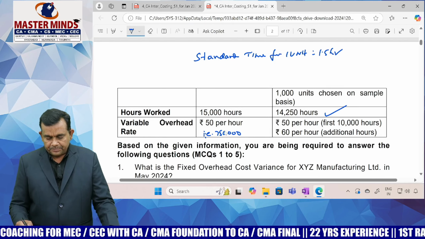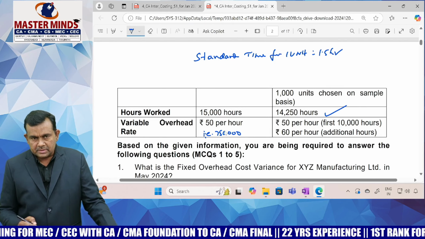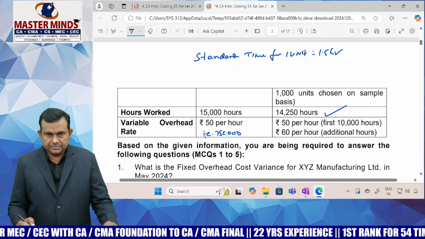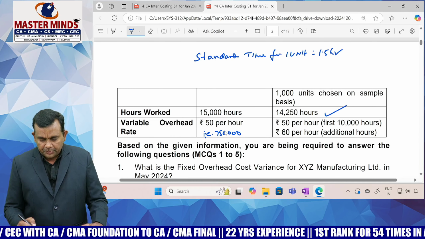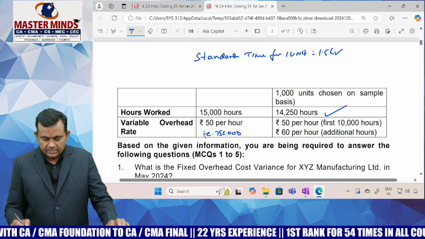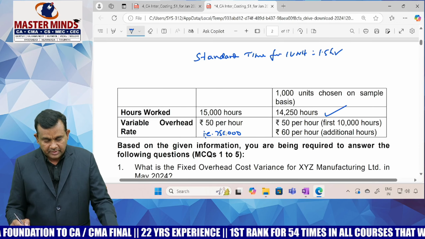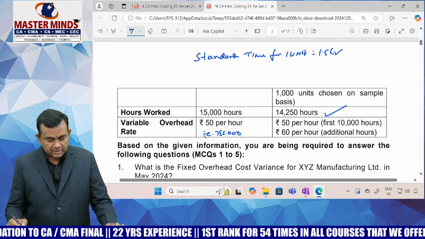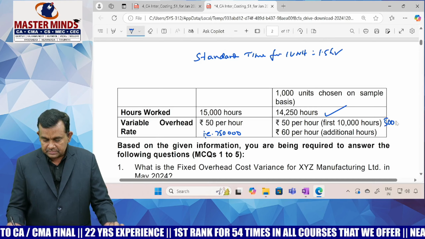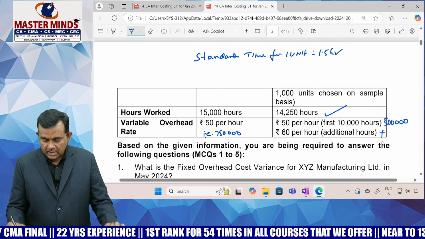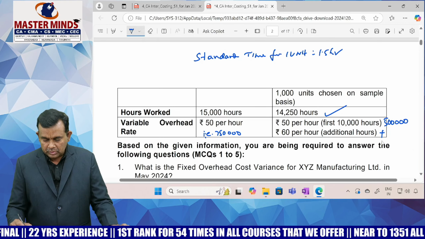Next, actual VOH cost: for 10,000 hours at rate 50 rupees, 10,000 into 50, that is 5 lakhs, plus 60 into additional hours.